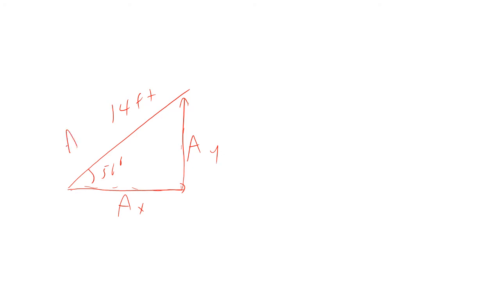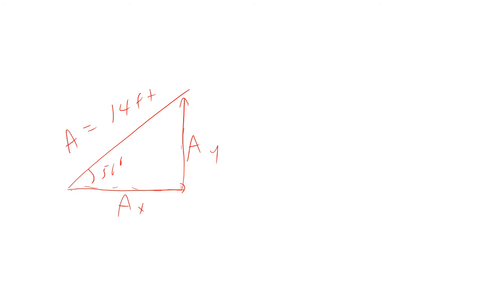So our example right here, which was 14 feet at an angle of 50 degrees above the x-axis, can be thought of as 2 other vectors like that. This would be the x part and the y part, if you call this vector A.